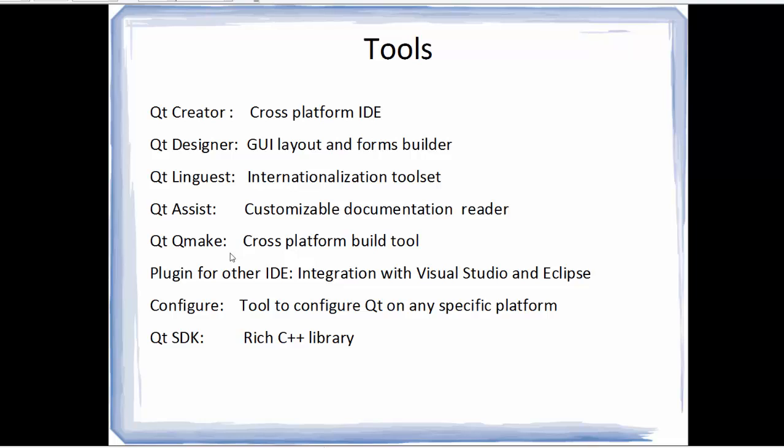Now Qt also has plugins for other IDEs, so it can be integrated with Visual Studio for Windows, or it can be integrated with Eclipse IDE also. Now there is a configuration tool also which allows you to configure Qt on any specific platform. And at the last, it comes with Qt SDK, which has rich C++ libraries to use. Okay, so these are the tools you will get whenever you install Qt.